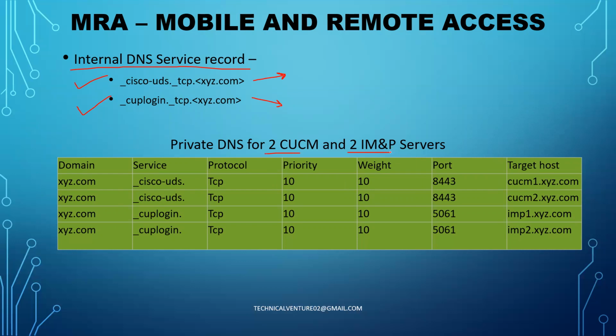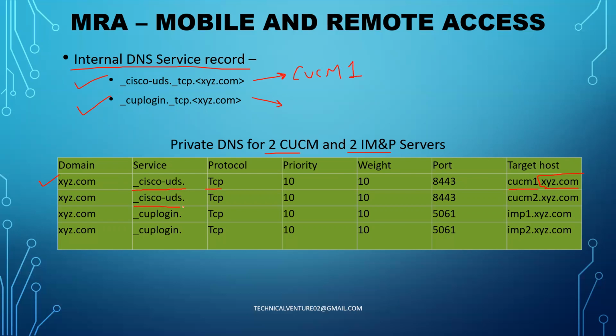So here you can see domain is xyz.com, service is this one, protocol is this one, priority, weight, port, everything would be the same. This is our target host, that is cucm1.xyz.com. So the whole SRV record would be underscore cisco-uds dot underscore tcp dot xyz.com, and under this SRV record you would put the CUCM1 IP, because under this record my target host would be CUCM1.